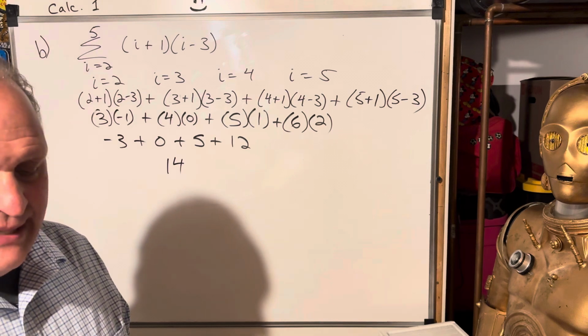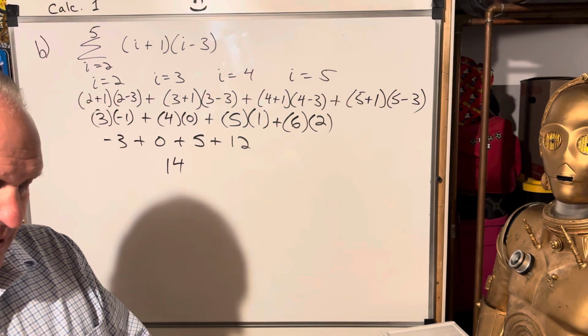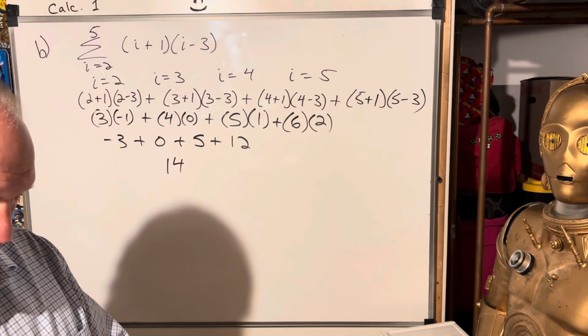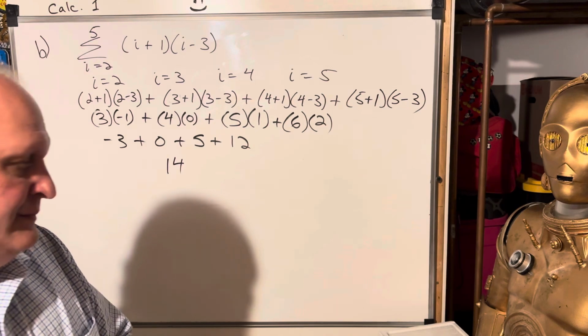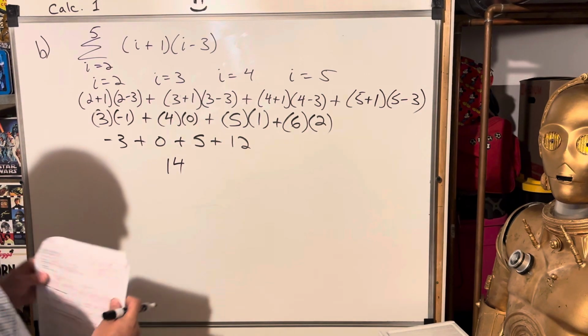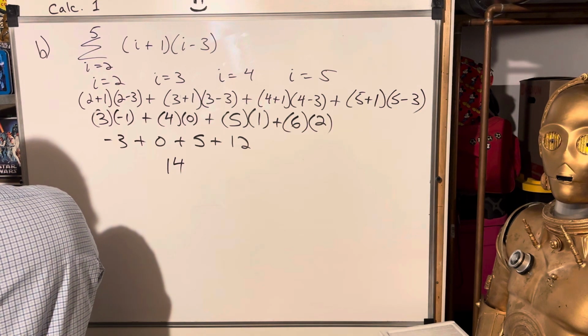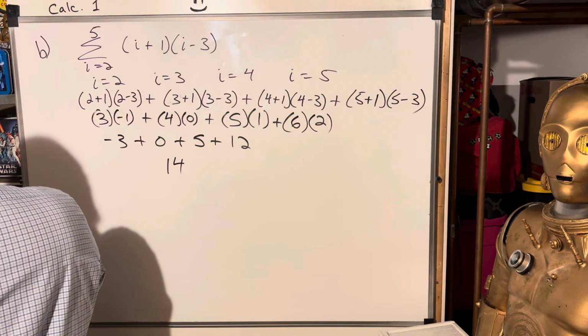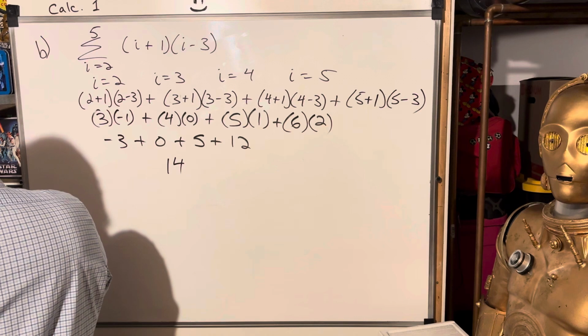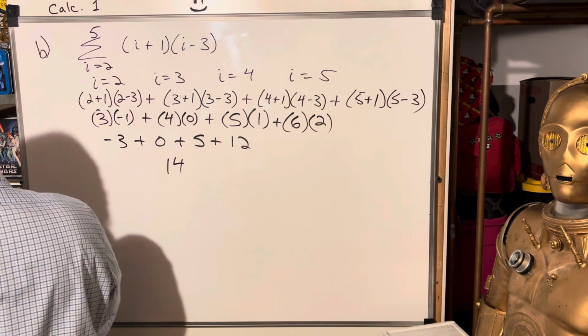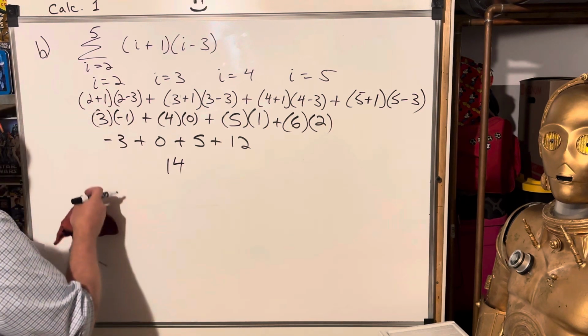But there are summation formulas. So let's take a look at those. And so these were developed. Now note, all of them go from 1 to n. So these only work if you're going from 1 to n.